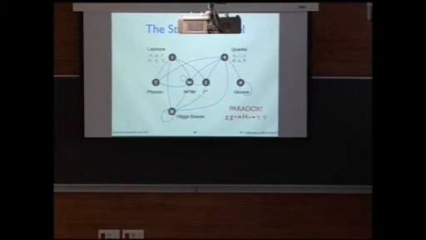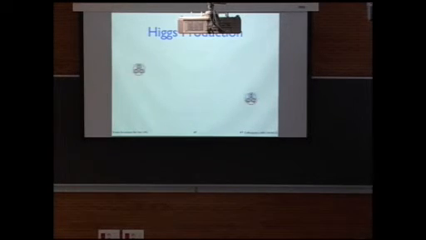And I have a little animation here that lets us remind ourselves that when you have this gluon exchange between two protons, you can have one of these quantum fluctuations where you have actually a heavy quark pair produced.